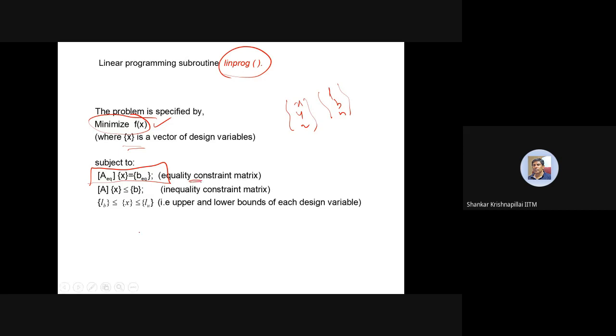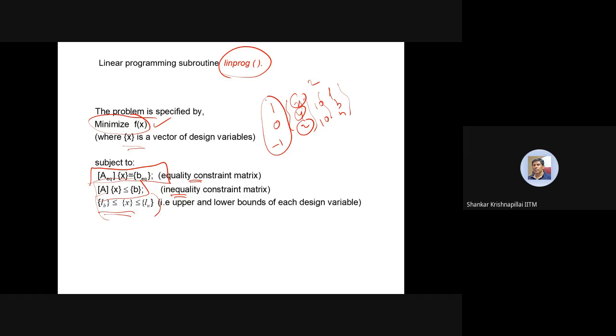the equality constraint matrix, subject to the inequality constraint matrix, and then you have to define the upper and lower bounds of each design variable, that is x, y, z. For example, x is between 1 and 2, y is between 0 and 10, z is between -1 and 10.